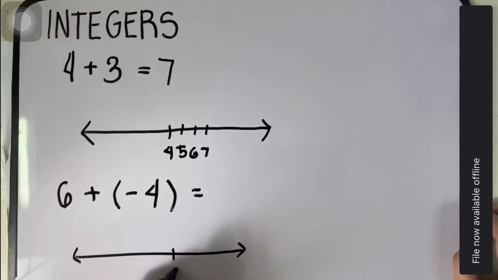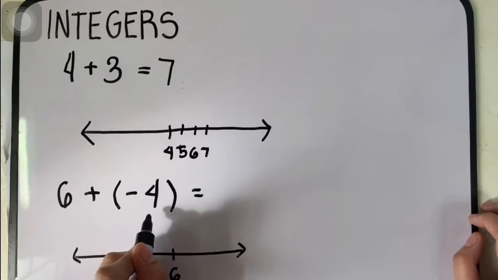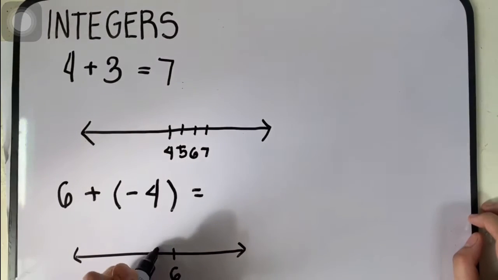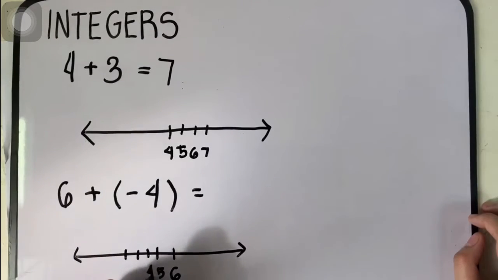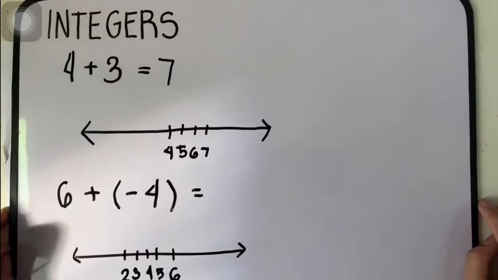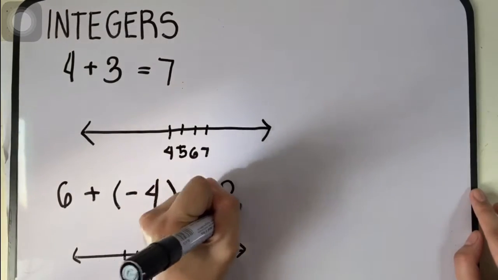Then you move 4 places to the left: 1, 2, 3, 4. Then continue your number line: 5, 4, 3, 2. So your final answer will be positive 2.